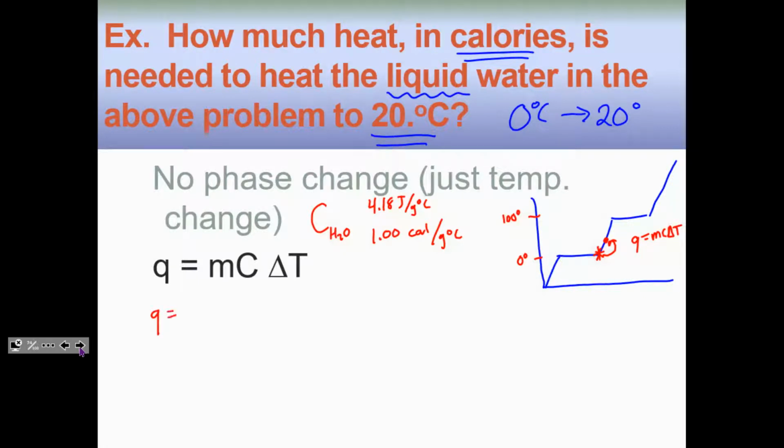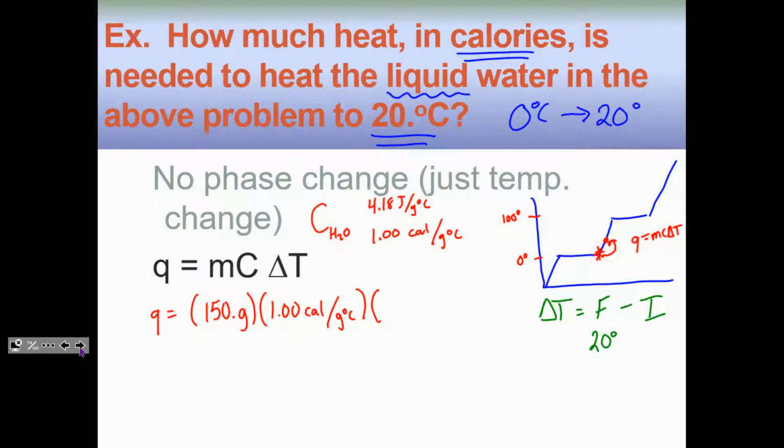So Q equals the mass, which is still 150 grams. I have not changed it. Specific heat, 1.00 calories per gram Celsius. And then the change in temperature, remember, delta T, for the change in temperature, I do the final temperature minus the initial temperature.